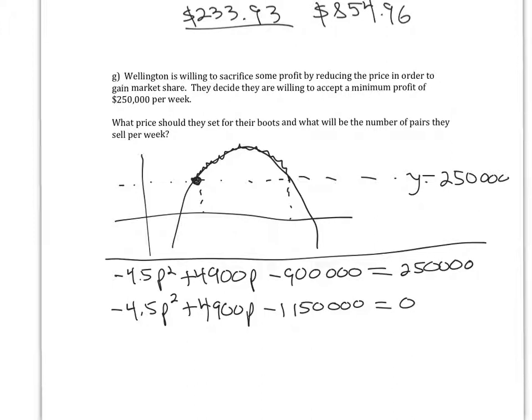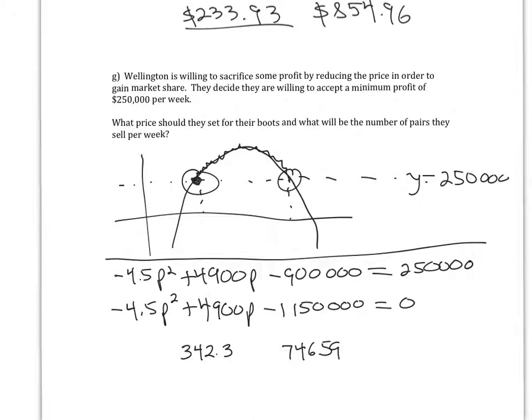So we again go to our quadratic formula, and we come up with the following values. Our two x values are 342.3, which is this x value here, and 746.59, which is this x value right here.